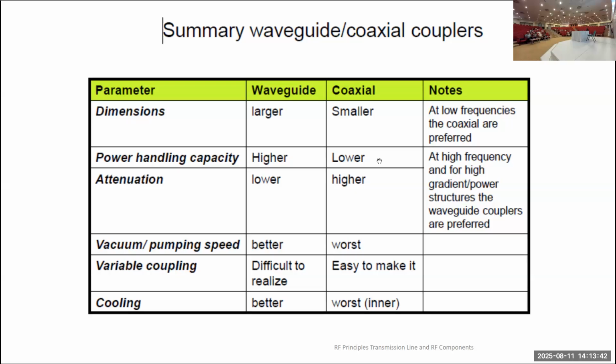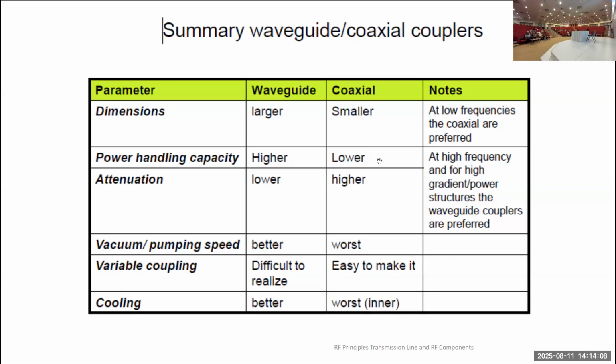Okay, well, the next question is, if we need to vary the coupling, which one is better? You can't vary the coupling in waveguides once it is fabricated, whatever type of coupling you have done. If you are very lucky, it will be achieved after fabrication and brazing.